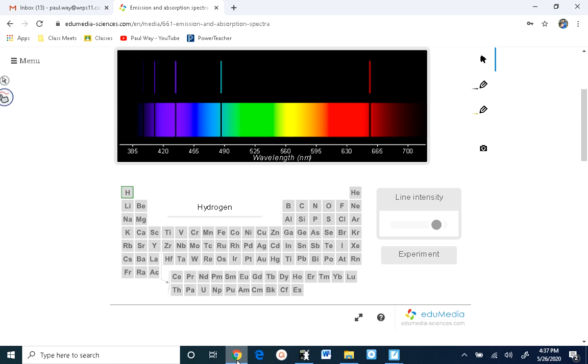The wavelengths of light that are absorbed are the wavelengths that are missing in the dark line spectrum. The wavelengths of light that hydrogen emits are the wavelengths that are there in the bright line spectrum.